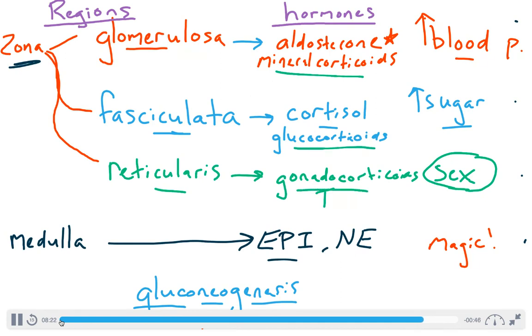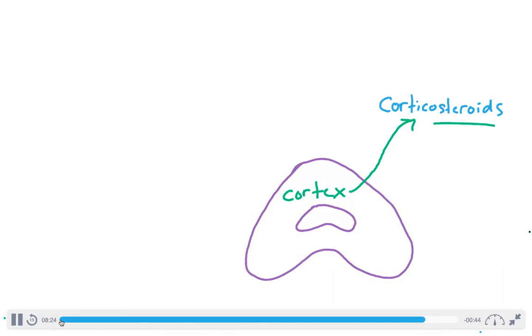So all of those corticosteroids are only going to be released from the cortex if the cortex is stimulated upstream. So think to yourself, what's the tropic hormone that stimulates the cortex?